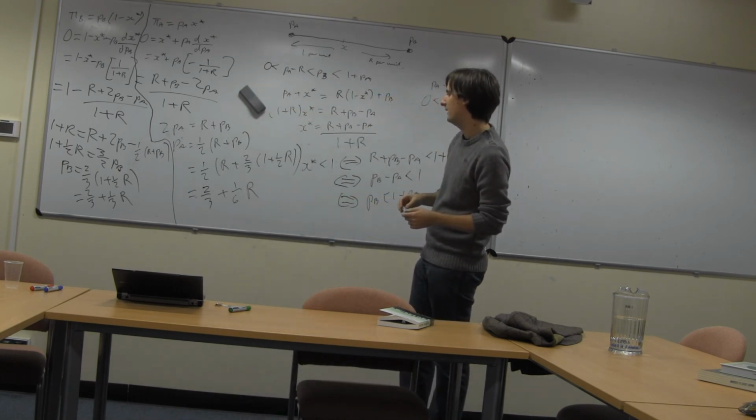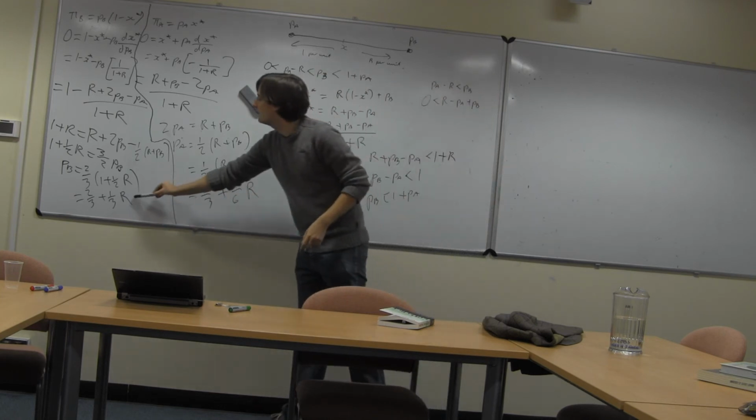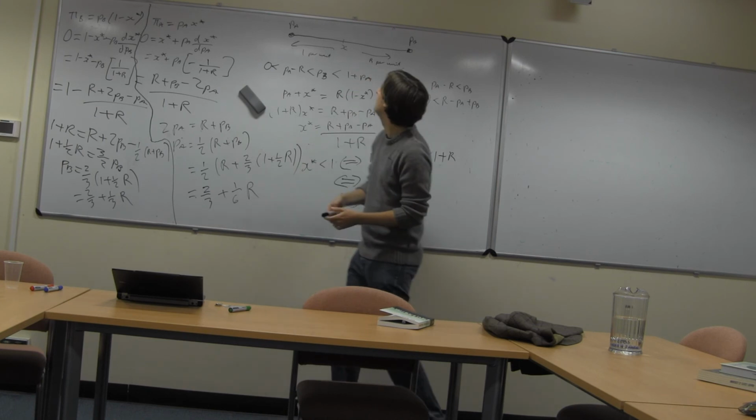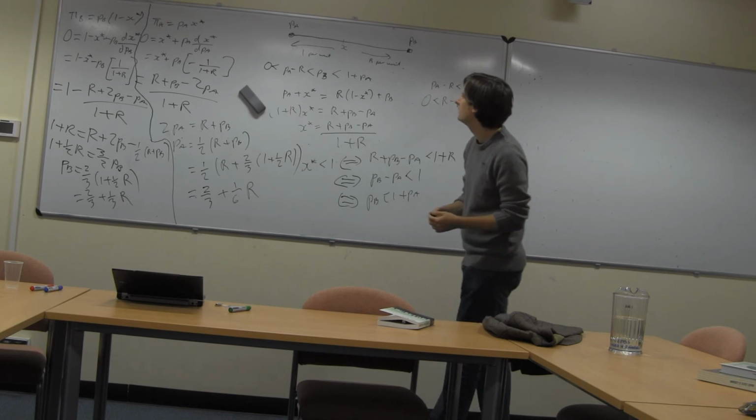So who's pricing higher? Does this make sense? So firm B is pricing higher than firm A. Well, is R big or small?